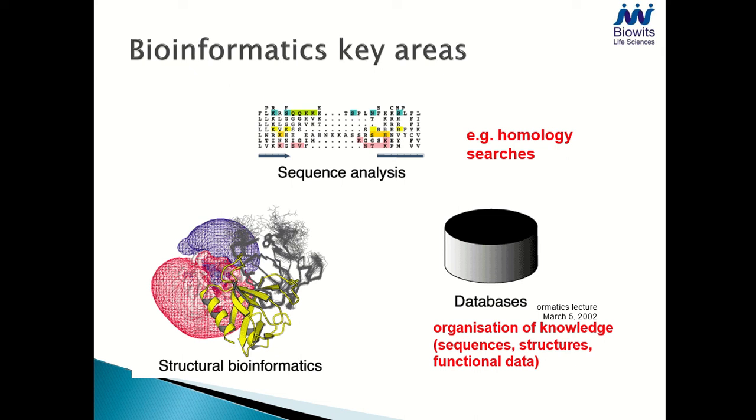That's why there is an evolutionary impact. Okay? So, just like here, if we're searching for homology, we will use bioinformatics. And we can now establish a database. Okay? So, what is that database? This is the organization of knowledge: the sequences, the structures, and functional data.